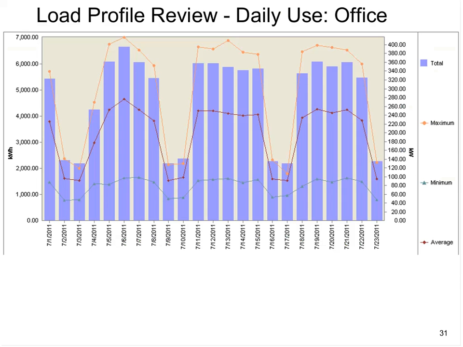I noticed first and foremost that the 4th of July right here is almost twice what it should be when it should be a holiday and shut down normally like a Saturday and Sunday. Not sure why this office building would have something going, but this would obviously raise a red flag with me, because here you had Saturday and Sunday at around 2,000 kilowatt hours, and then a holiday doubled its use.